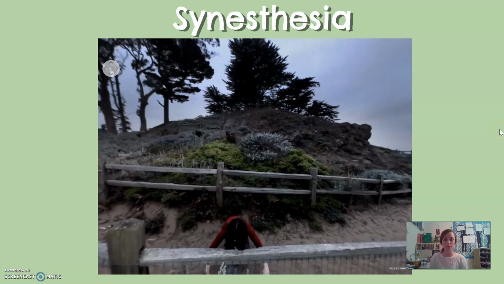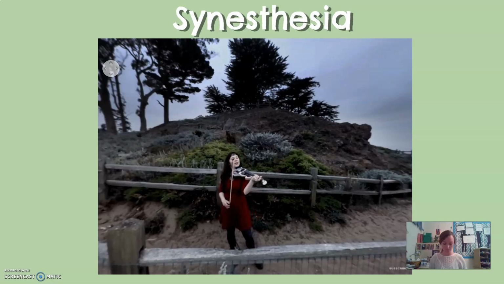My name is Caitlin Hova. I'm a software engineer, neuroscientist, and a musician. I also have synesthesia. Synesthesia is a blending of the senses. 1 in 23 people have a form of it. For me, when I hear specific musical notes, I see specific colors. And these colors are much brighter at night.